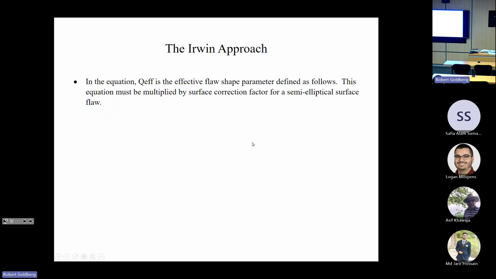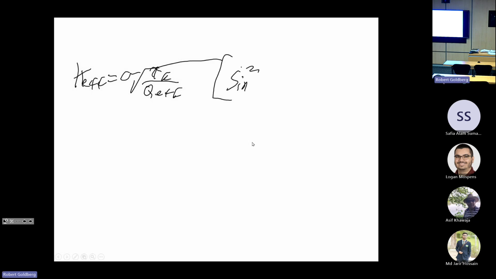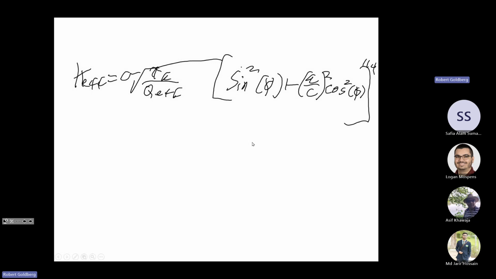But for the case of the elliptical flaw, we can say that our K effective is equal to sigma times the square root of pi a over Q effective, times (sine squared phi plus a over c squared times cosine squared phi), all to the 1/4 power.